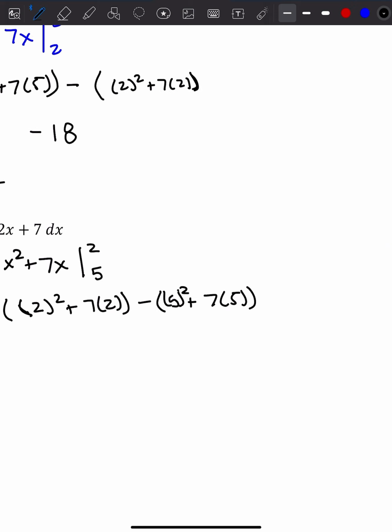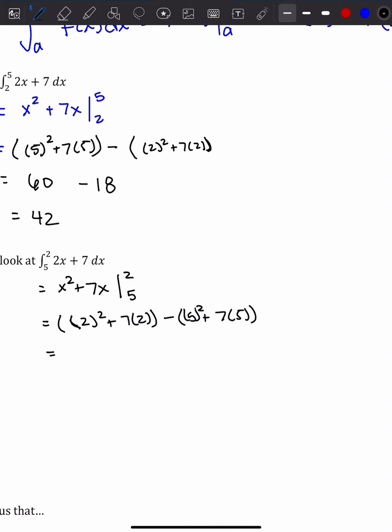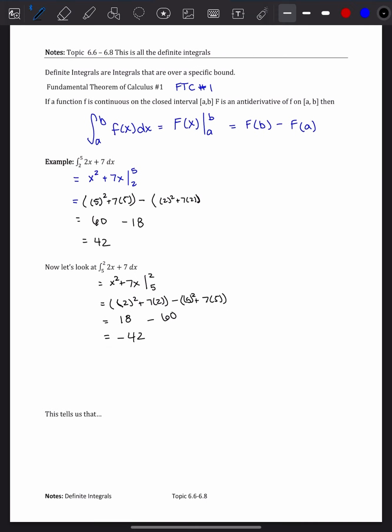We already know what those two things equal individually. We have 18 and 60 because they are the same things. The difference is that they're flipped. So we get negative 42. So one of the things that this tells us is that if we flip the interval, it is going to flip the sign of our answer. So the integral from a to b of f of x dx is the same as if I were to take the integral from b to a of f of x dx and then change the sign.